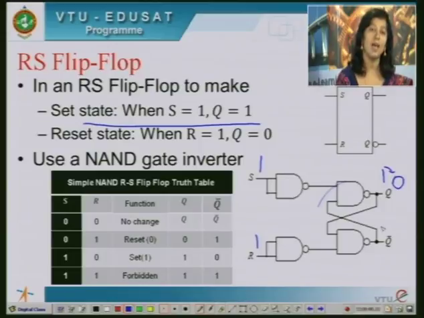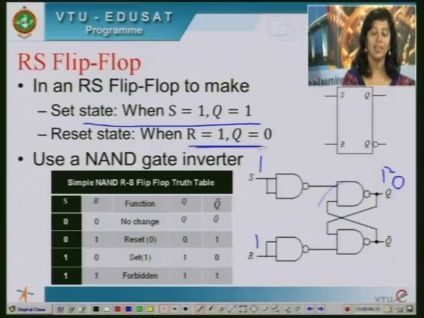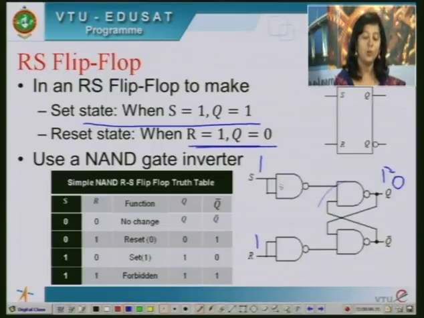So, whenever S bar was low, then output would be high. So, to get a direct match, when I say set input should be high, output should be high, and whenever reset is high, R is high, Q should be 0. So, you add two additional inverters here. So, what happens? This S, if it is 1, this becomes 0. So, actually I am giving S bar itself here.